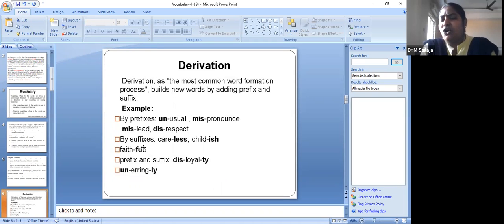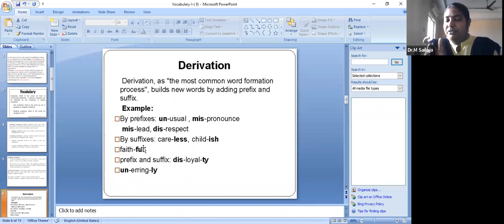It's the formation of a word with the help of prefix and suffix. Derivation means taking a common word and adding a prefix and suffix. Prefix means before, suffix means after.